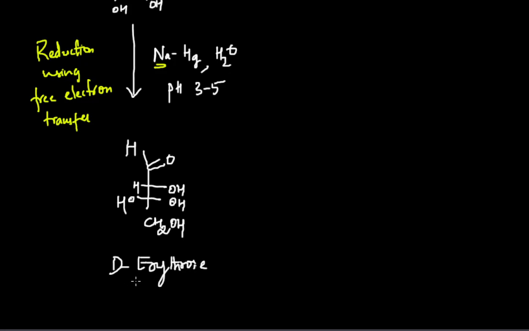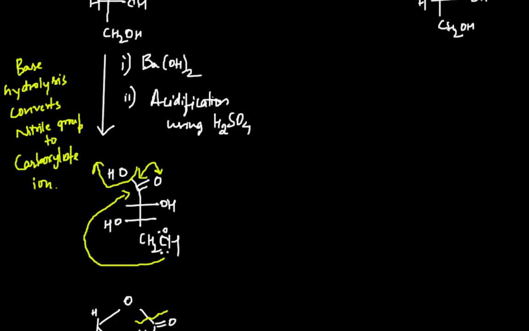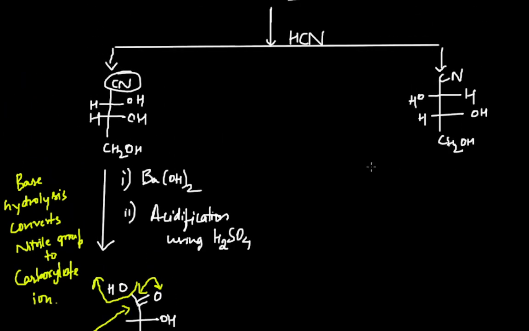From glyceraldehyde, which is a triose, you have got a tetrose. So we'll repeat this whole thing with the other stereoisomer.